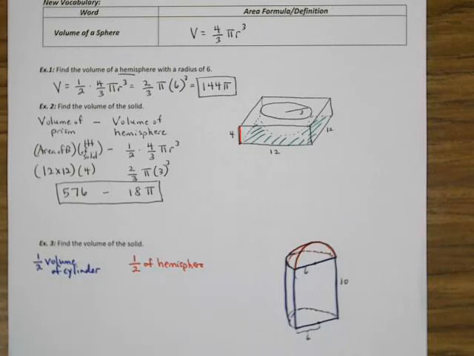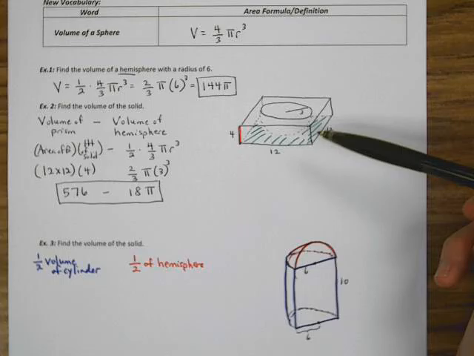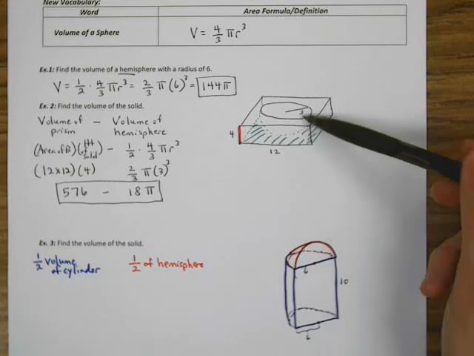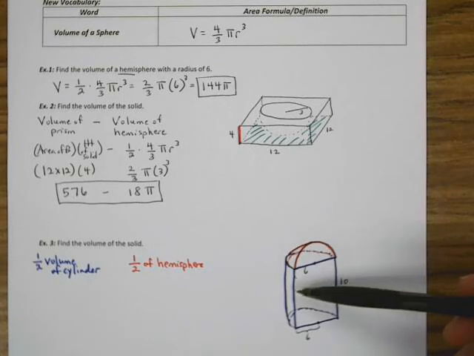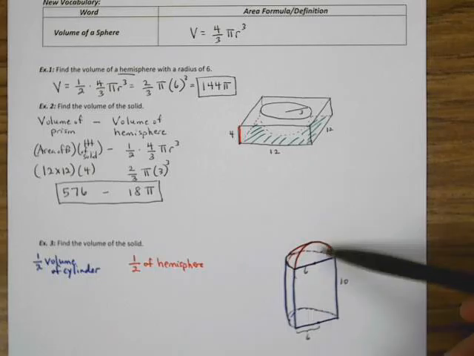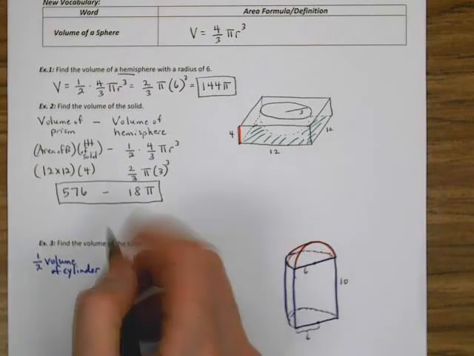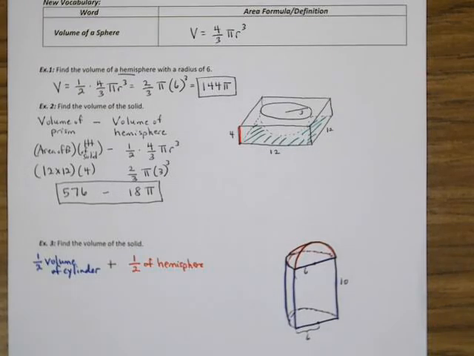Now, unlike the example above, where we were cutting the bowl out of the prism, here I'm combining the half of the cylinder with the half of the hemisphere. I'm putting them together. That means I'm adding them.